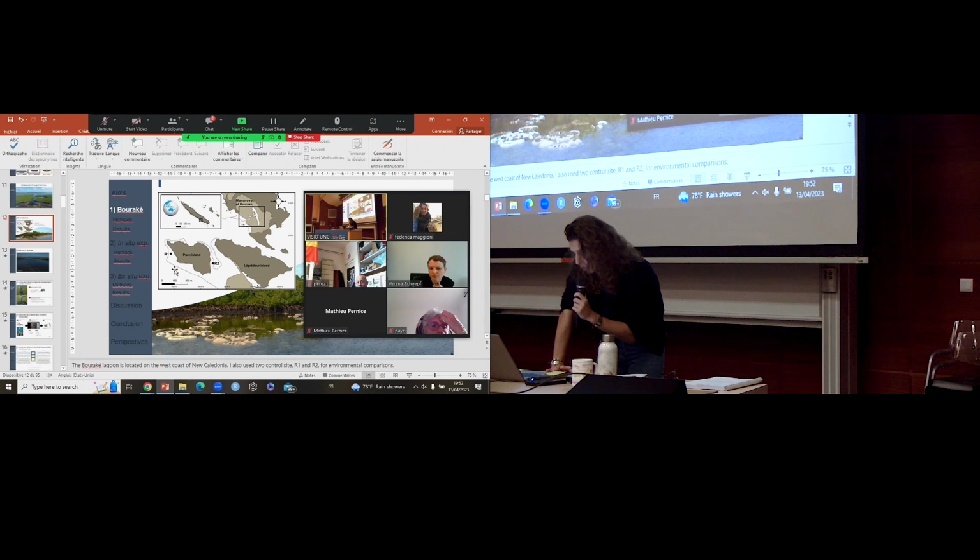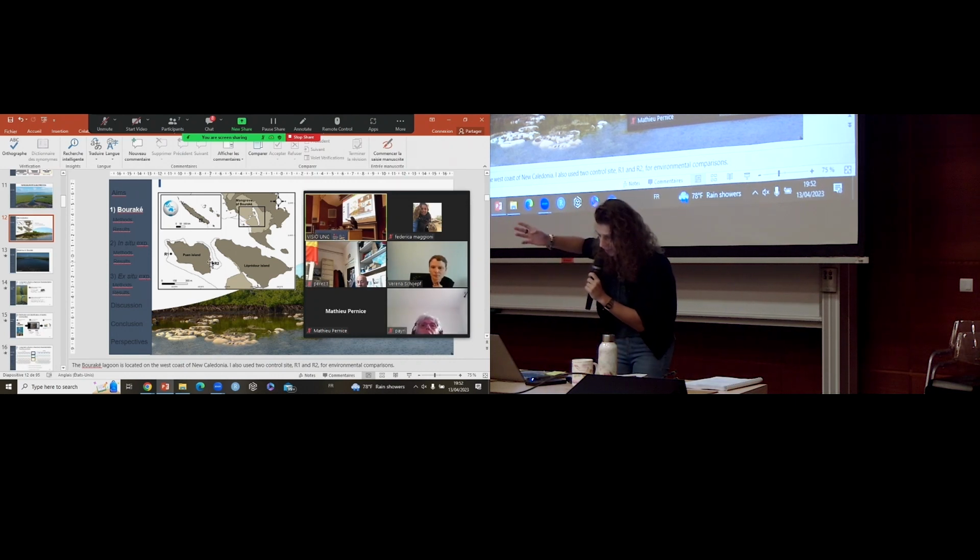So I don't know why we can't find these sponges in these two control sites. But yes, I think that maybe we can find a control site nearer to Boracay than on the other side of New Caledonia. Okay, thank you.